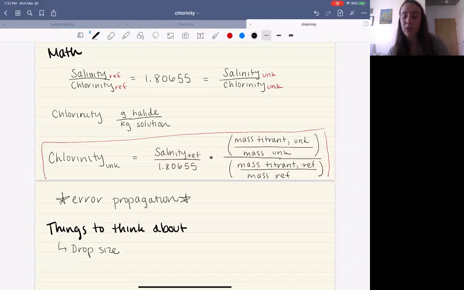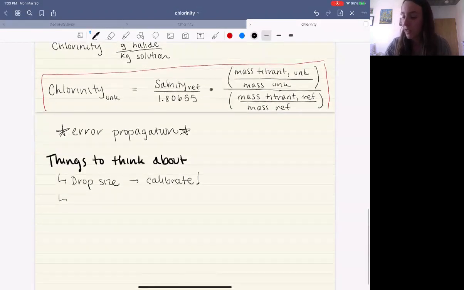Okay, so you should all think about that drop size. You will need to calibrate. Okay, when you are done with your titration, you need to figure out what the mass of one drop is and see how that mass is compared to the total mass it took for you to reach your endpoint and how great of an effect it might have on your error.